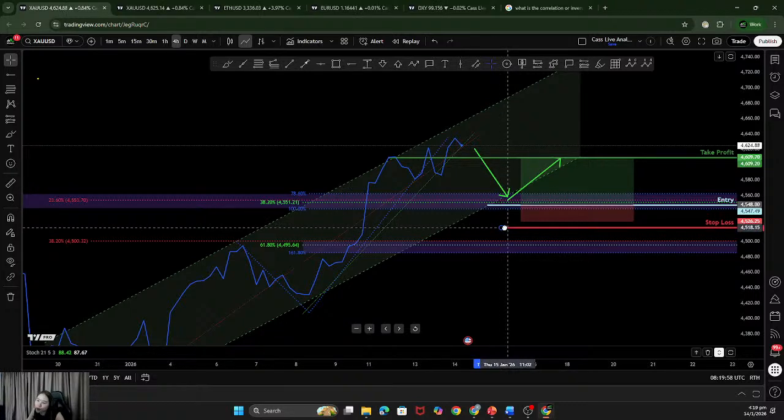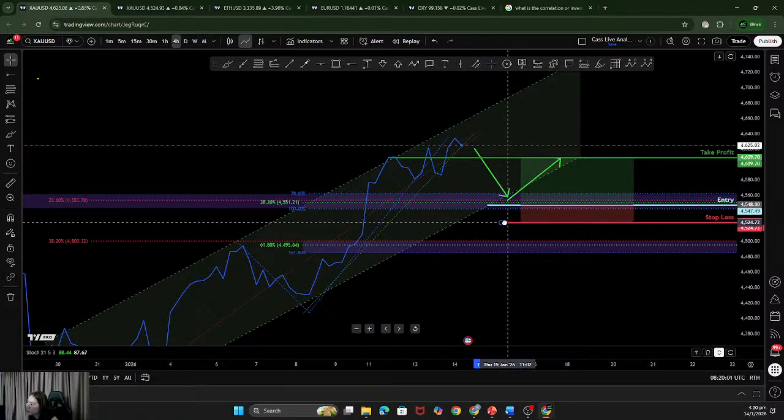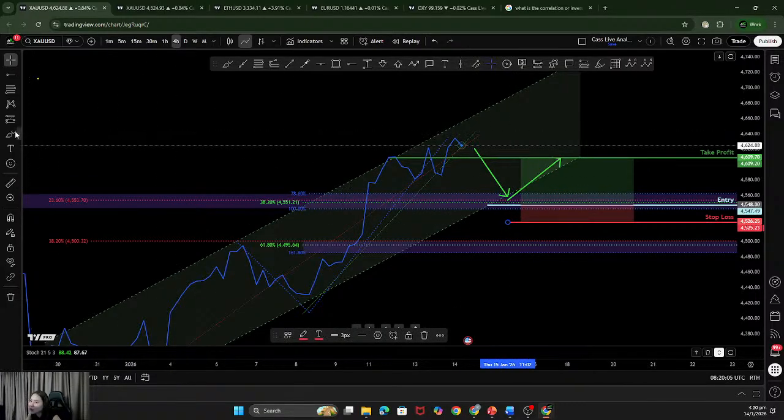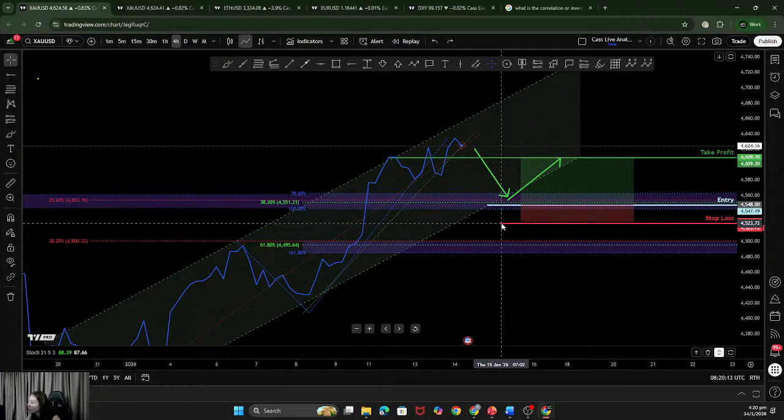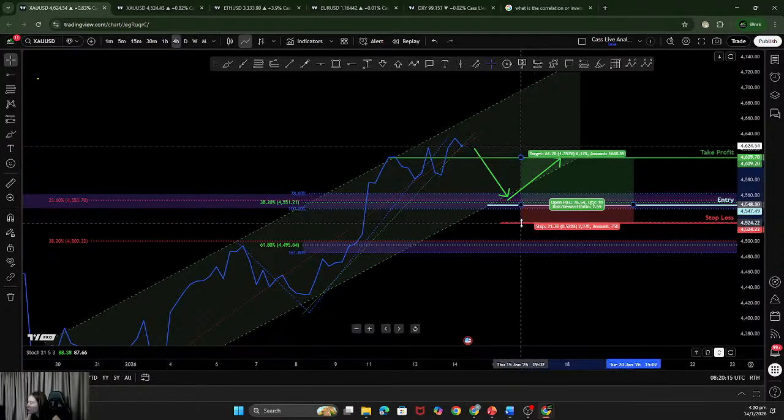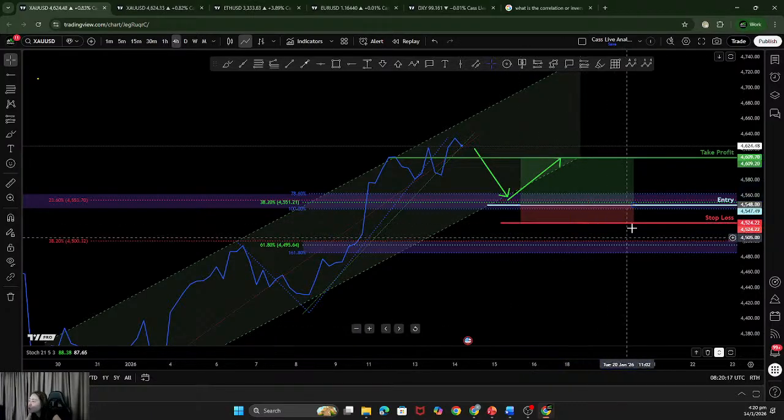Obviously, if you give it more breathing room, the chances of you staying in are higher. But if the analysis is correct, it should come here and reverse, unless I get wicked out. I think 2.5 is healthy.